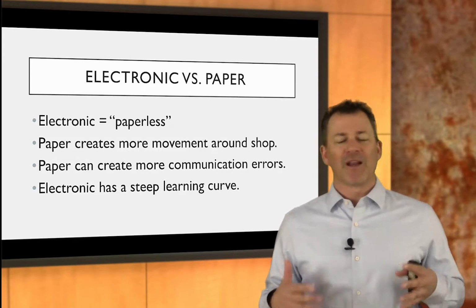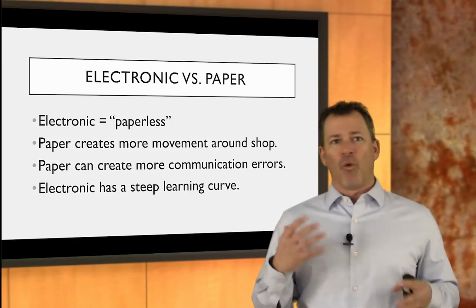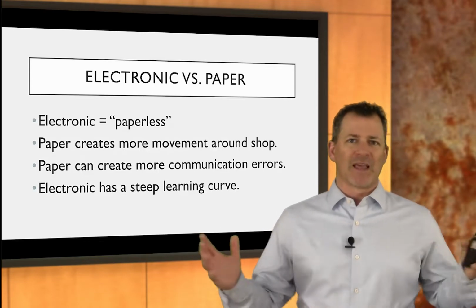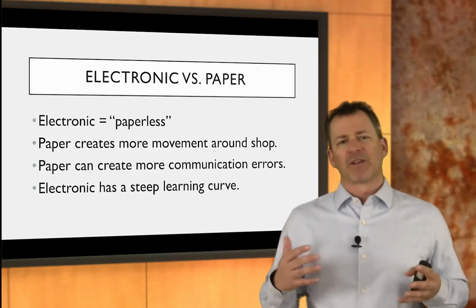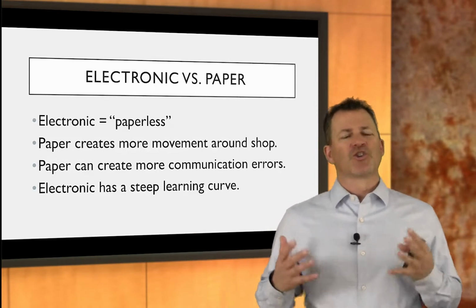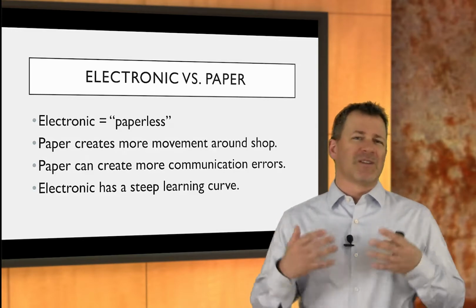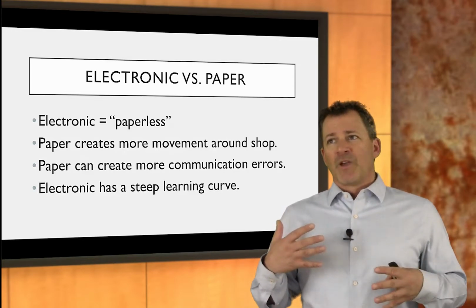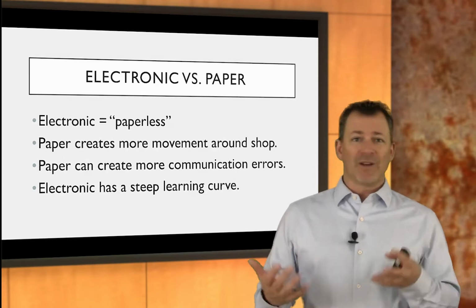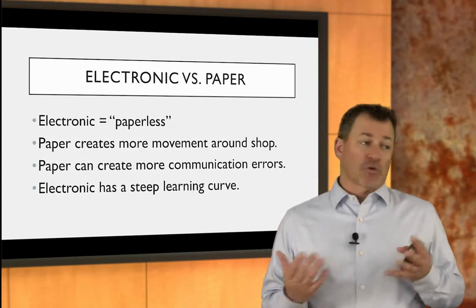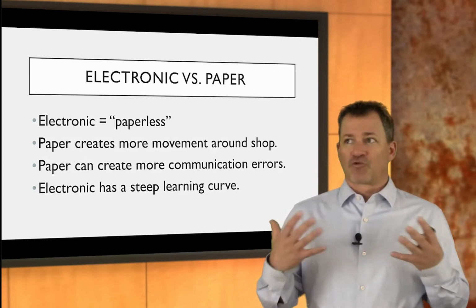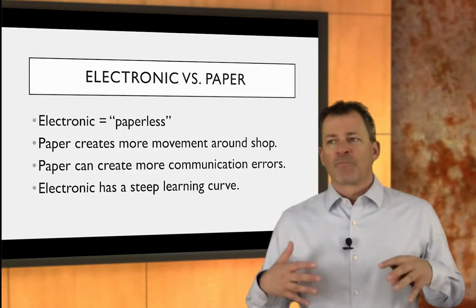It can be done though, and it can be done really efficiently, and I've watched that, and I keep track of that on a daily basis with a couple of my consulting clients, and they've done a really good job with it. It's not perfect. It is a little bit awkward, but if you want to go paperless, then you can adapt some of these systems and turn them into an electronic dispatch system.